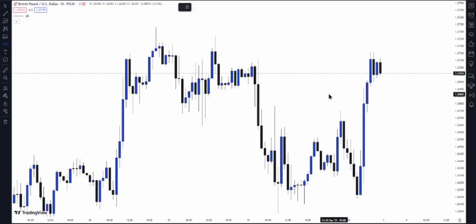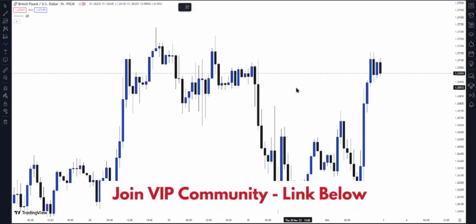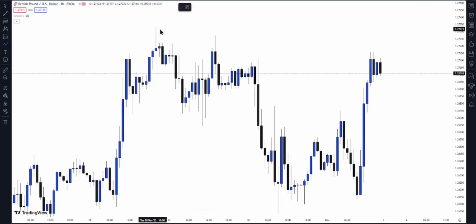Okay, so now let's see what we are expecting GBPUSD to do on the 1 hour time frame. As you can see, we have this 1 hour high to contend with. We want to see price take out this very 1 hour high, because this is key.